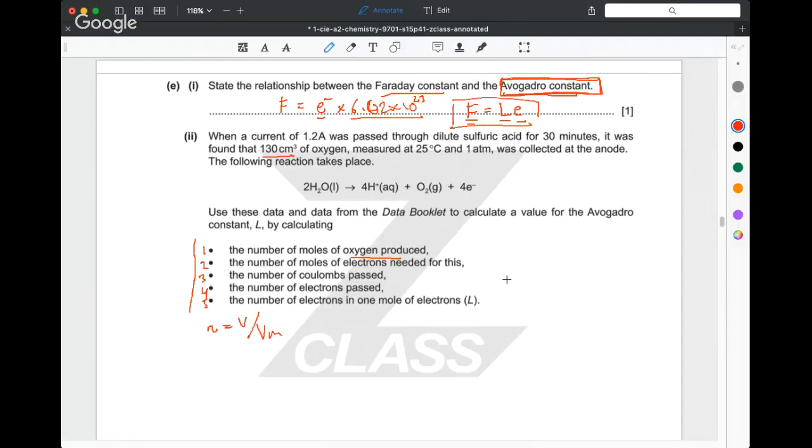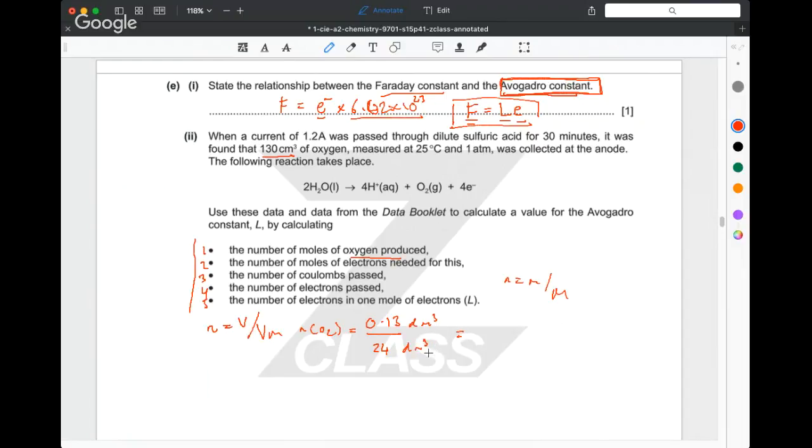That's a little bit like saying the number of moles is equal to the mass divided by the molar mass. And so the number of moles of oxygen is equal to the volume of oxygen, which is 130 centimeters cubed, but we need to be consistent with units here. So that's 0.13 decimeters cubed divided by the molar volume, which is 22.4. Oh, sorry, at room temperature it is 24 decimeters cubed.